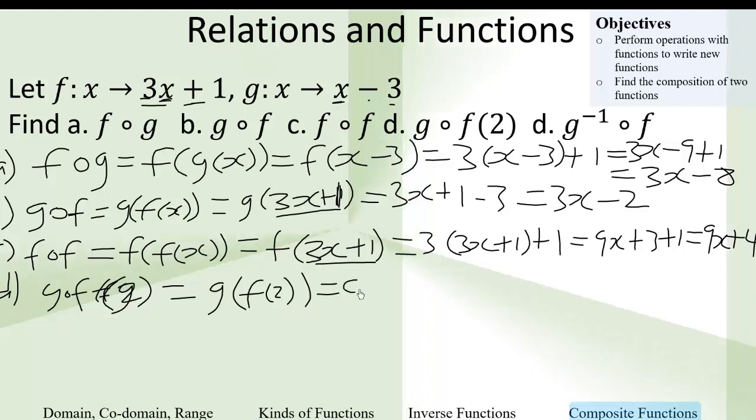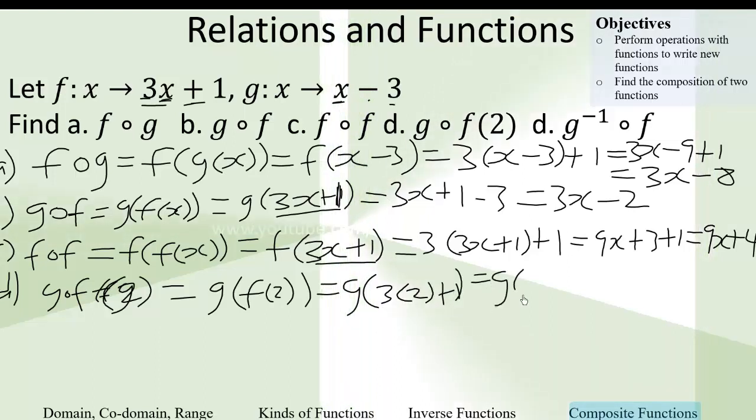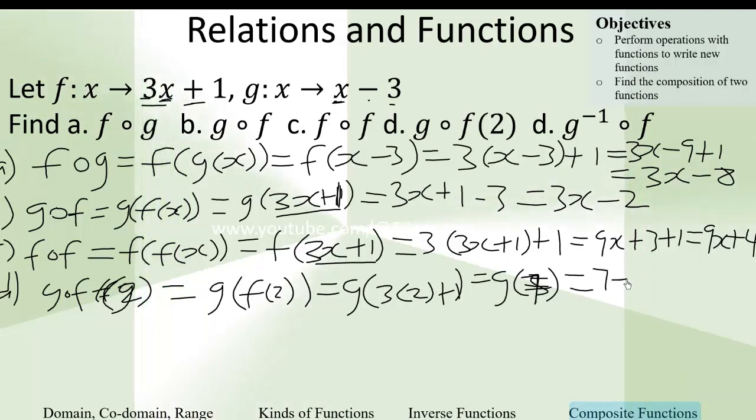So that will be equal to g of 3 into bracket 2 plus 1. 3 times 2 is 6 plus 1, so g of 7. So wherever I see x in g, I'll put 7. So I'll get 7 minus 3, and that will give me 4.